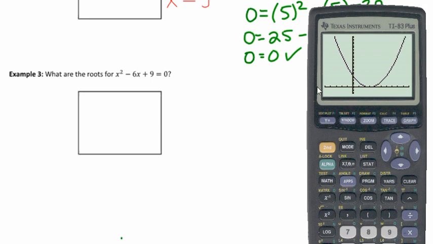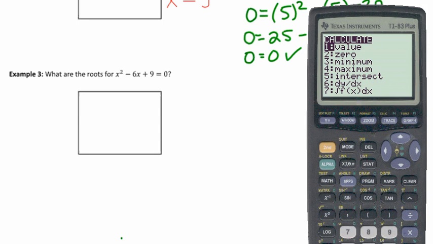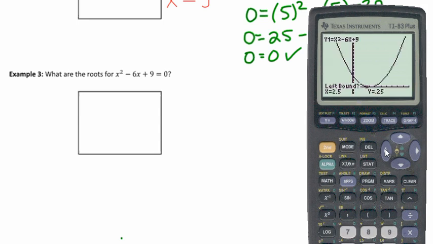All right, so we want to find our roots. Where does my graph touch my x-axis here? Second function solve. Zeros, am I left of that point? Yes. Am I right of that point? Yes.